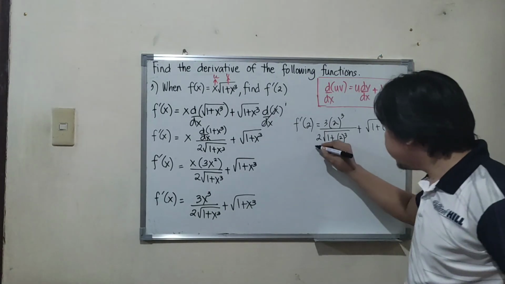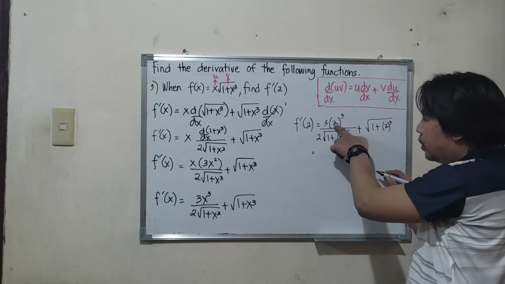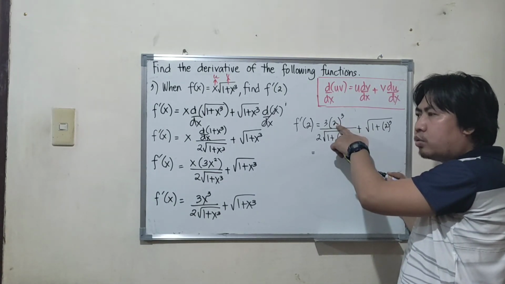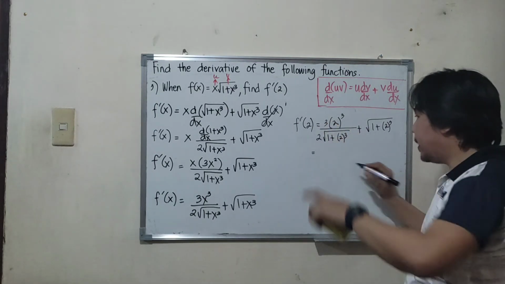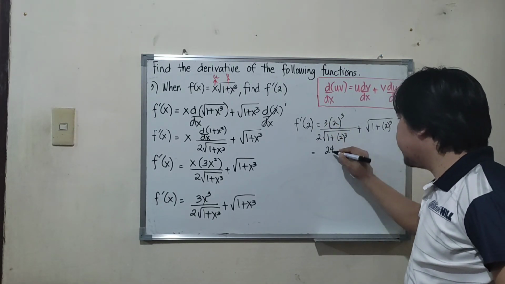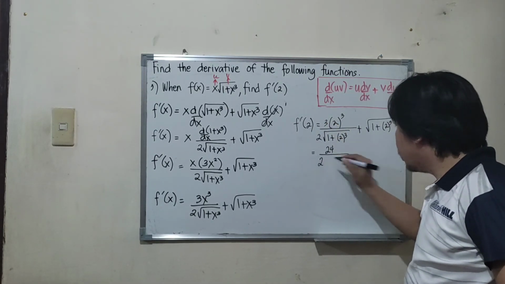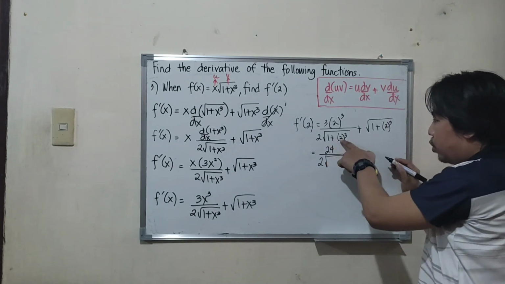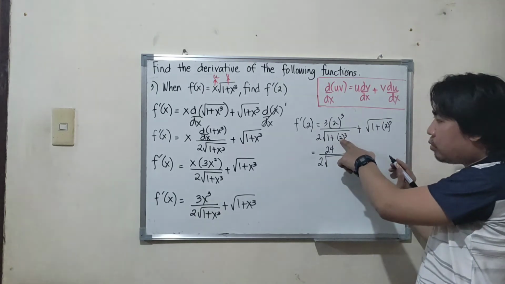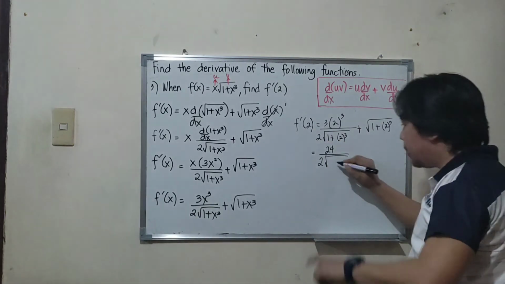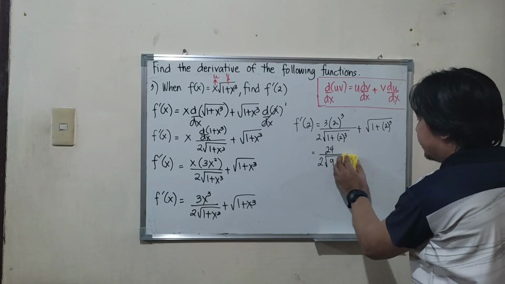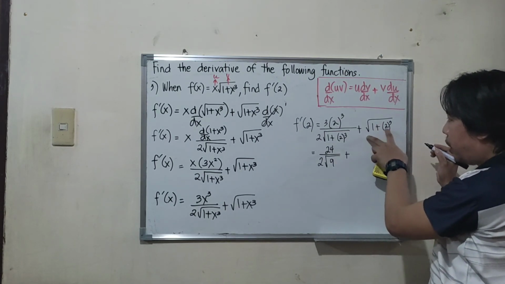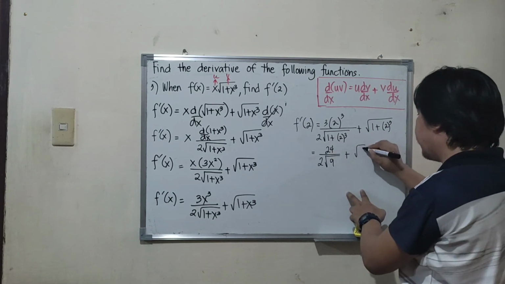So just simplify. 2 cubed is 2 times 2 times 2, that is 8. Times 3, that will give us 24 over 2 times the square root of 2 cubed, that is 8, plus 1, so that is square root of 9. Plus the same term, square root of 1 plus 2 cubed, so we have square root of 9.